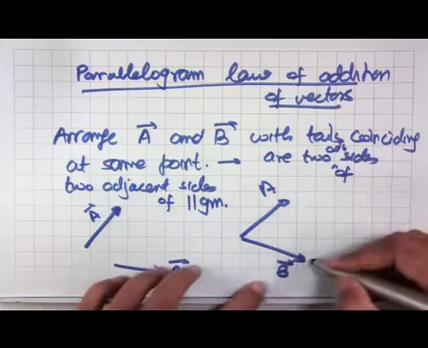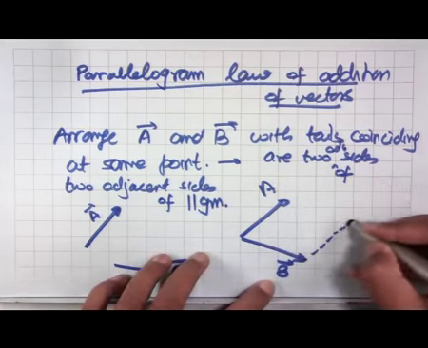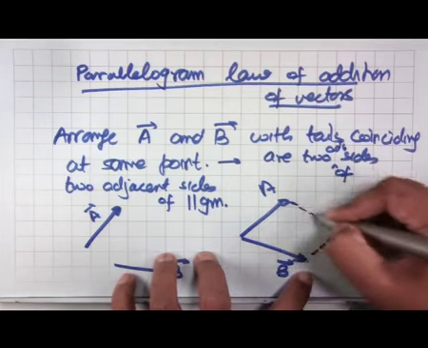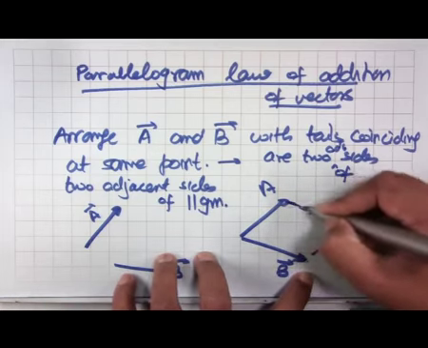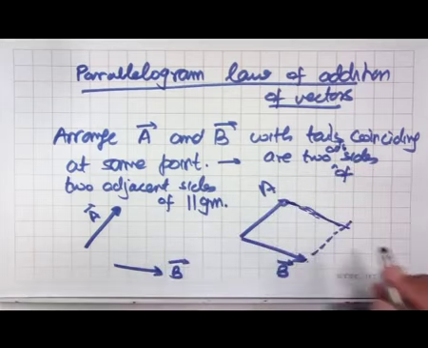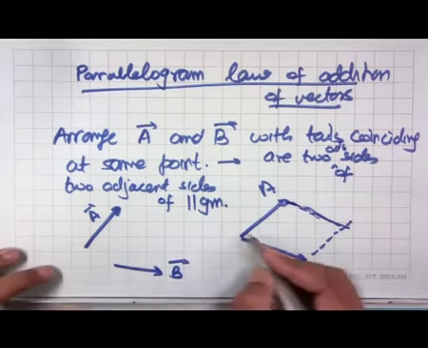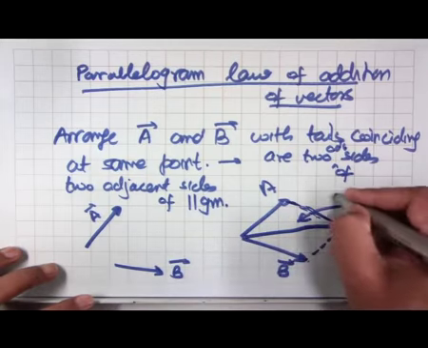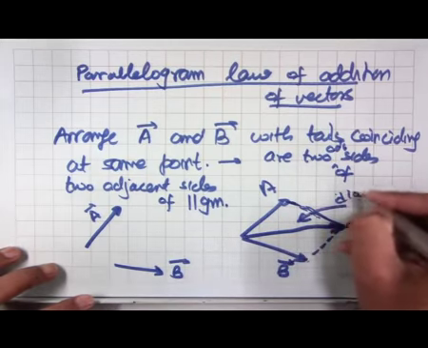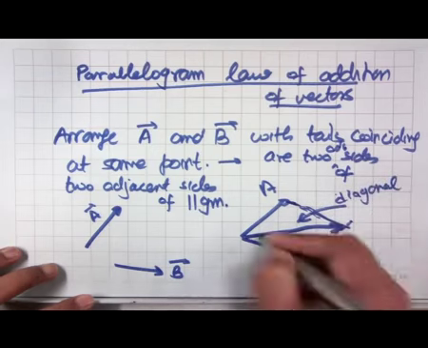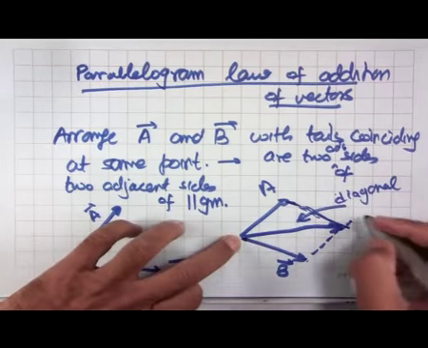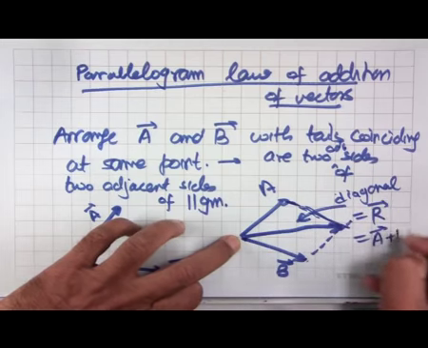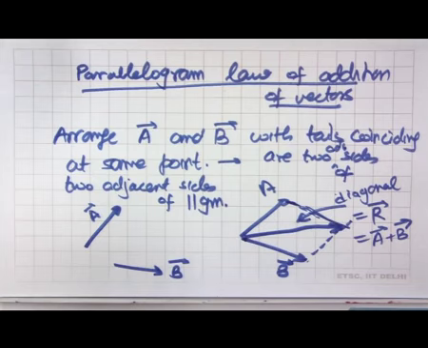So, we complete the parallelogram, that means we draw a vector A from B, and from this tip we draw another vector which is equivalent to B. So, this is a parallelogram. Then the diagonal of the parallelogram which starts from the common point of these two vectors is equal to vector R, which is equal to the sum of A plus B.